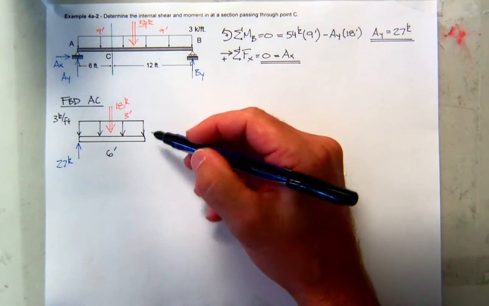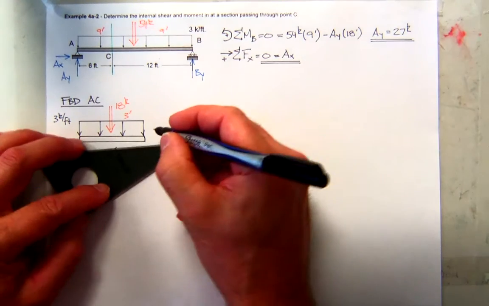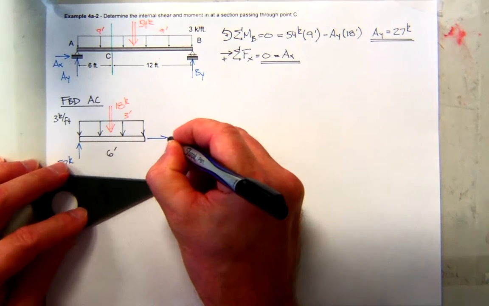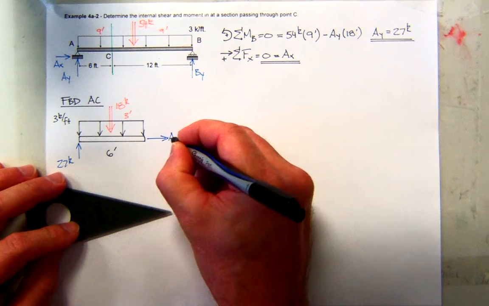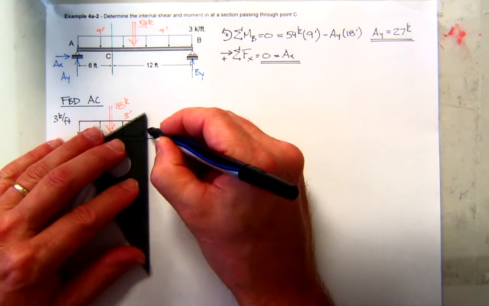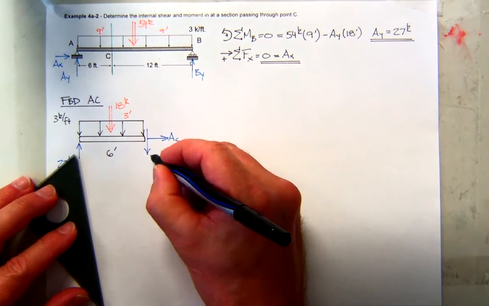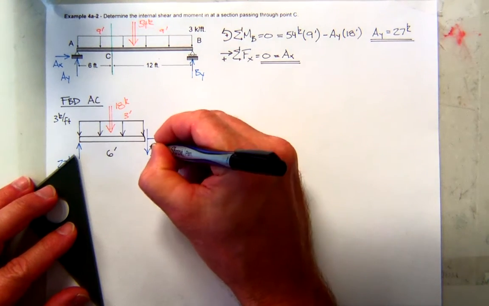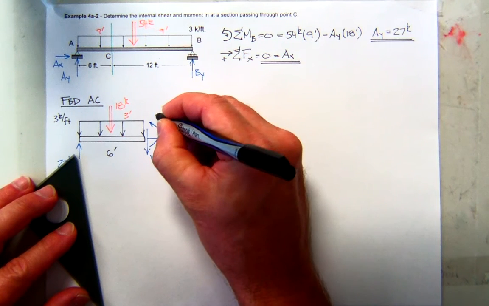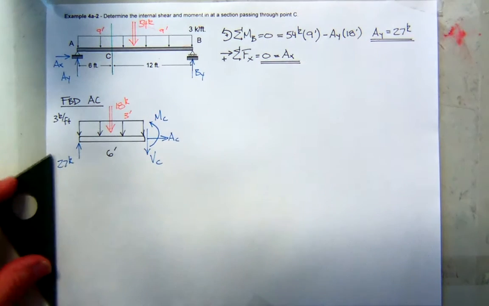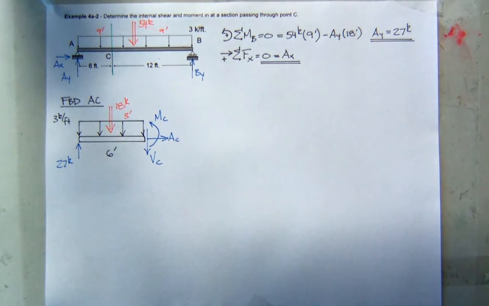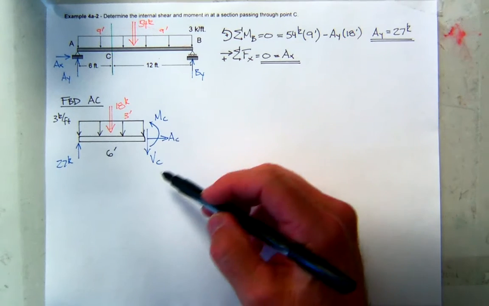Now at the cut side, the C side, this is where I'm going to assume positive axial force, positive shear force, and positive bending moment. So think about those for a second.